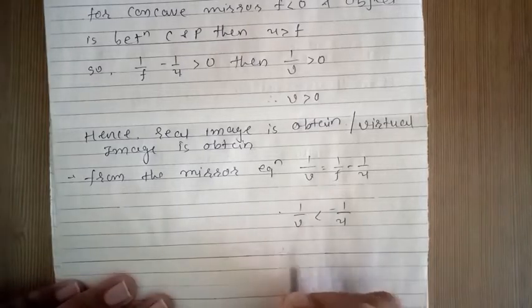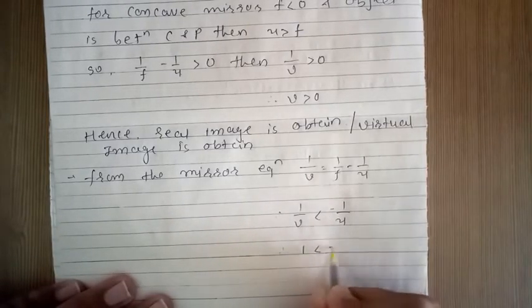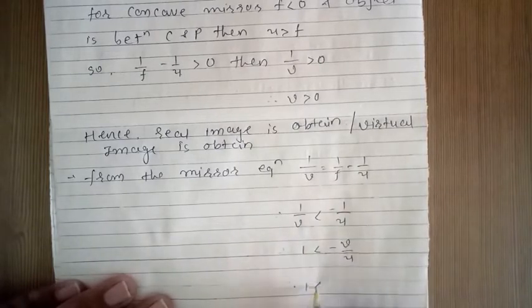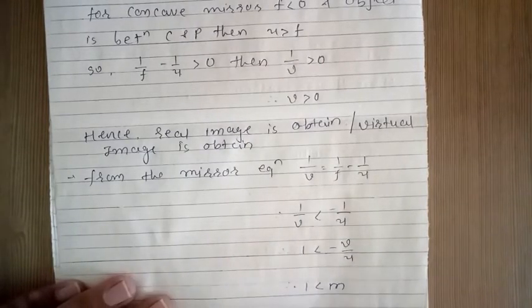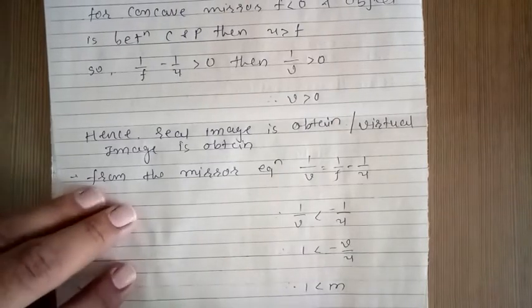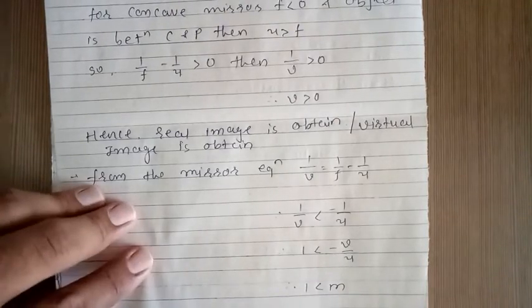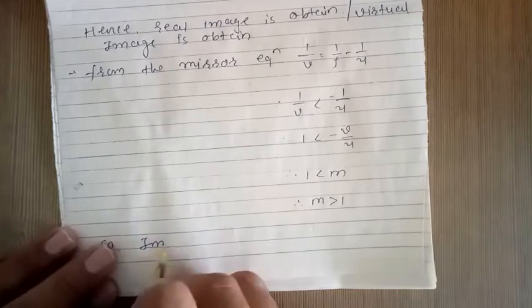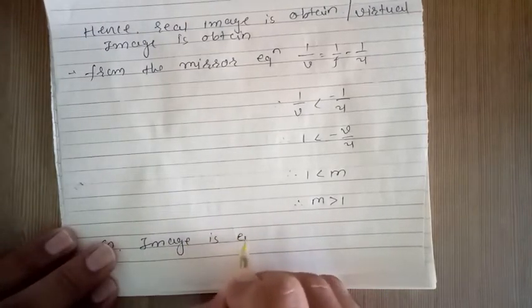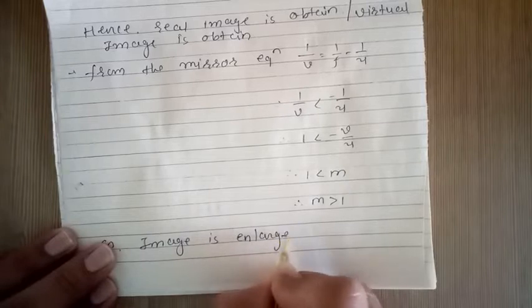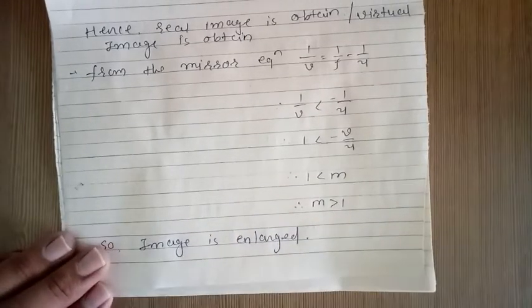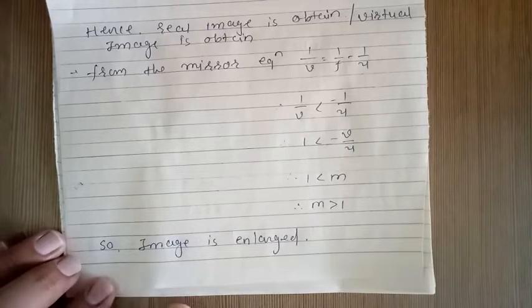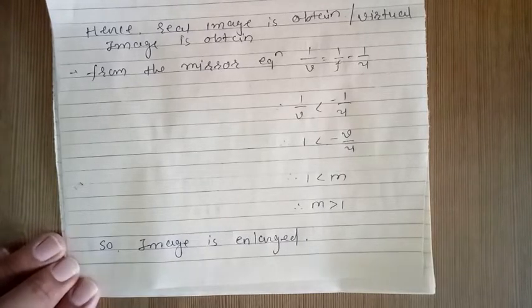So multiplying both sides by v, 1 is less than minus v by u, so 1 is less than m, or we can say that m is greater than 1. So the image is enlarged, right? Okay, so this is an important sum which is asked in 2 marks, 3 marks, 4 marks or 5 marks, right?